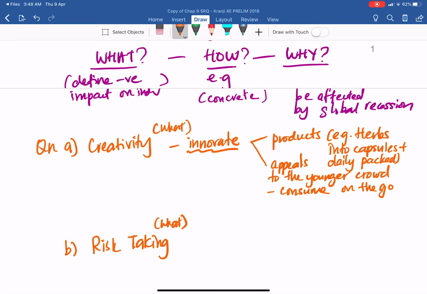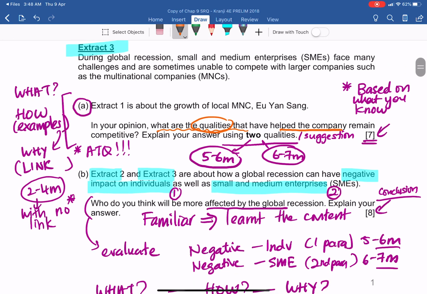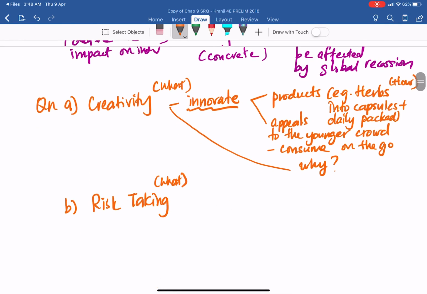Now they have also ensured that all of these, all this what and how, these are the examples, will lead to the why. Right? So why does all of this, answer back to the question, help the company remain competitive? How does it help remain competitive?